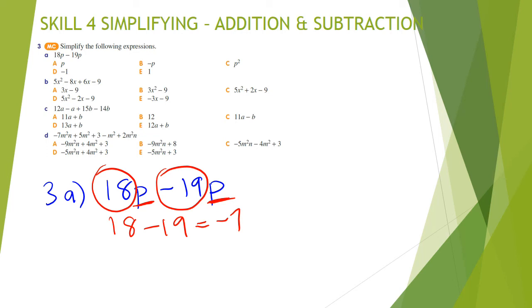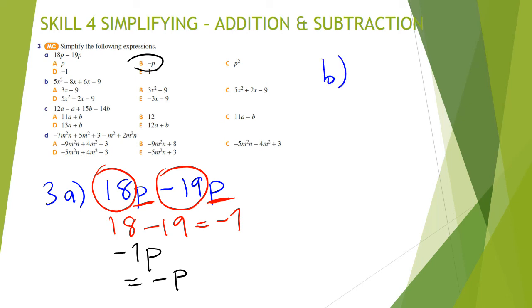So we've got negative 1p. But that's not how we write our final answer, because in algebra we don't write the number 1 when it's in front of a letter. We don't need to. So we just make it disappear, and our final answer would be negative p. And that would be response B.